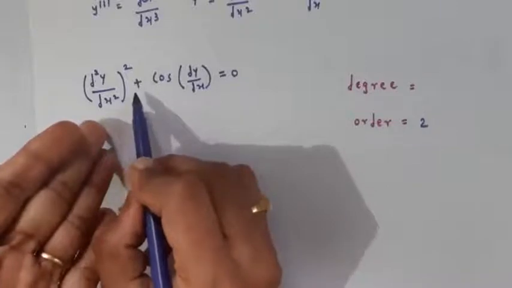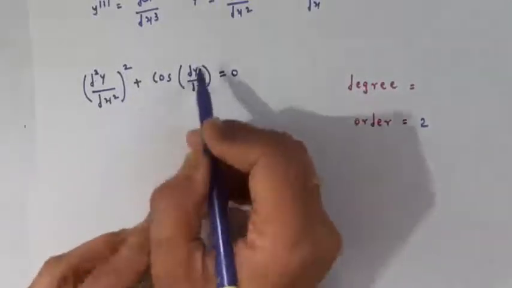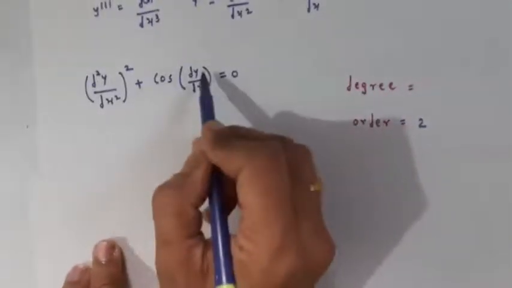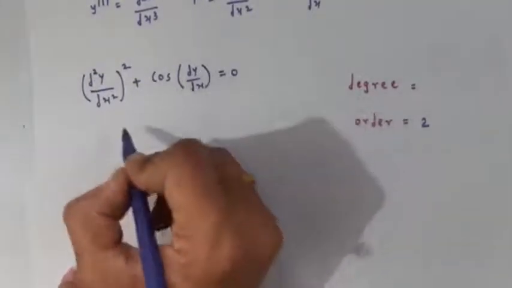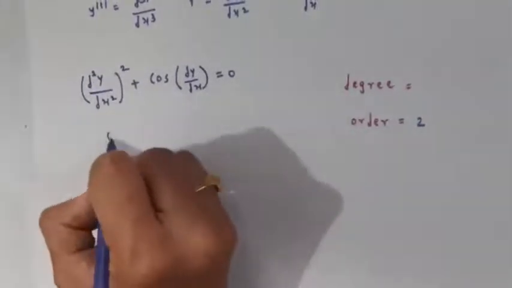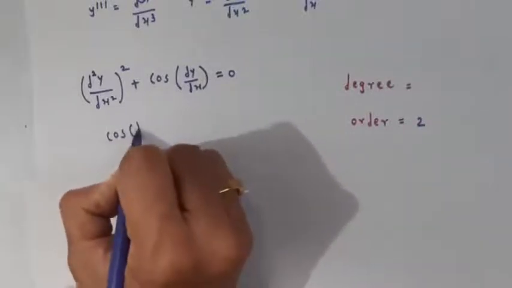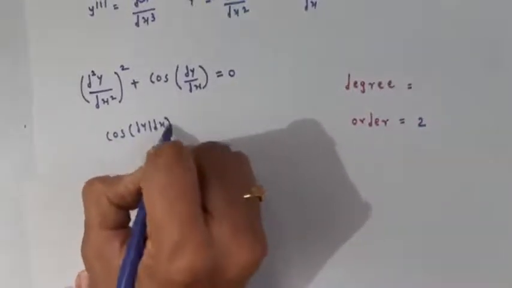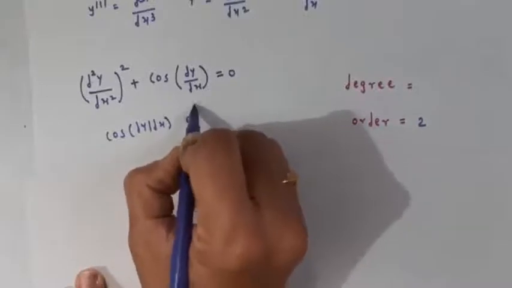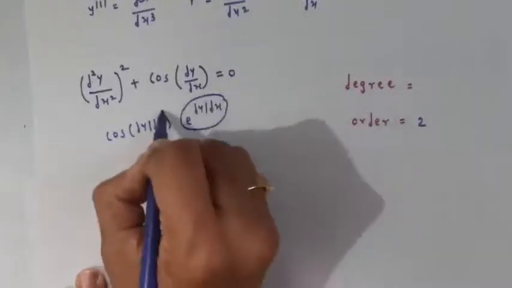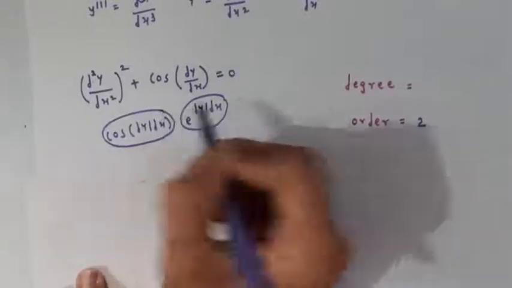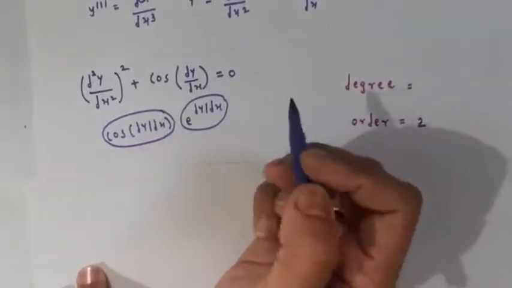And plus cos dy by dx. This is not in the form of a polynomial function. So a trigonometric function, for example cos of dy by dx, or sometimes e raised to dy by dx, such types of functions can't be expressed in polynomial form.